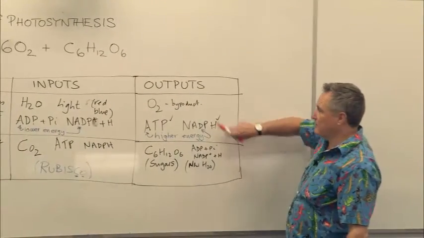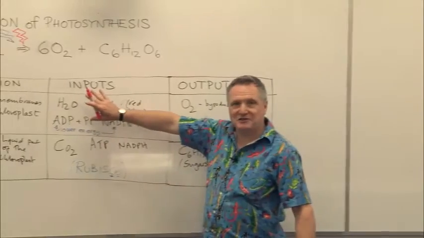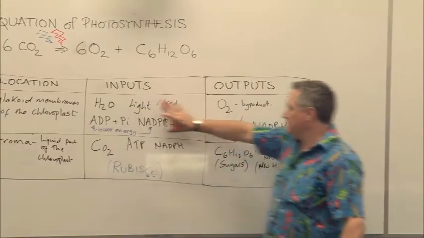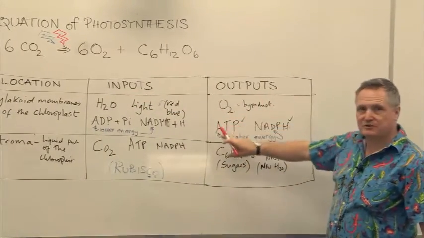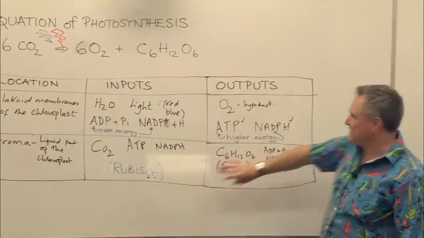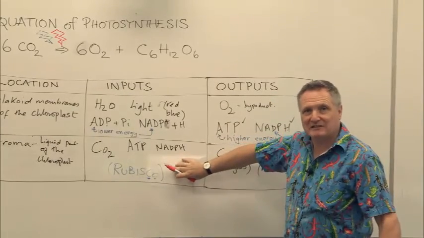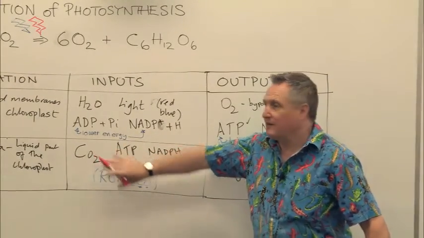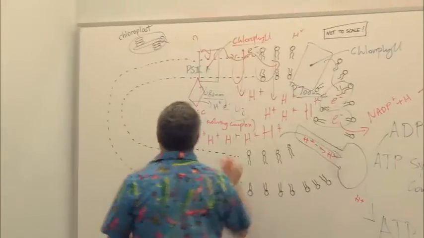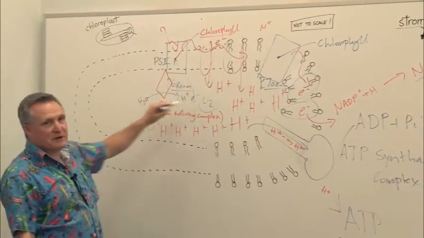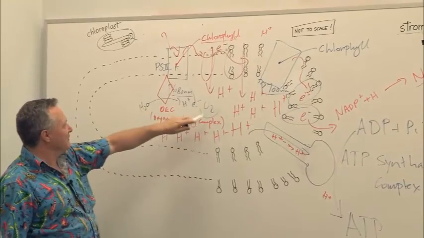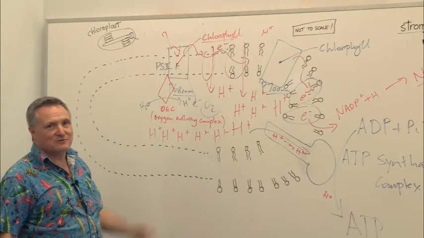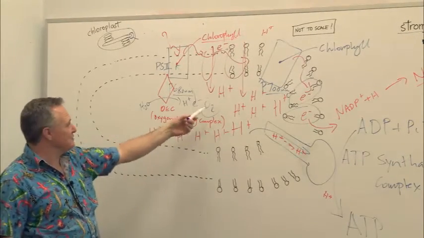And as I said earlier, what you've done is you've taken light energy and you've turned it into temporary energy stores, which then, these outputs then become the inputs for the light-independent reactions where carbon dioxide is fixed. And the other thing that happens, the water is split, which is an amazing reaction. If we could actually split water without having to expend more energy, if it was free to split, we'd have oxygen and hydrogen, which are amazing energy sources, very clean sources of energy.